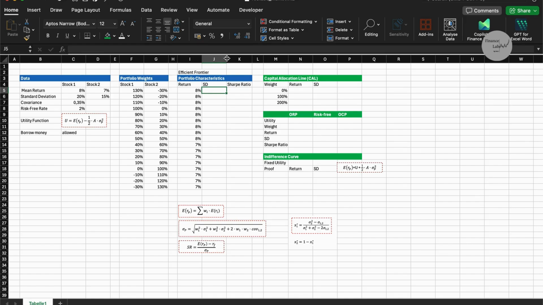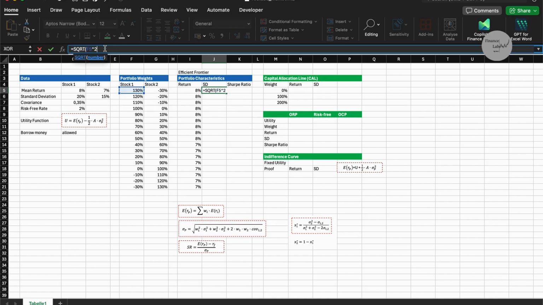So we start with the square root of the weight from stock 1 to the power of 2 times the standard deviation squared, so this will be the variance, and we have to lock this cell as well, plus the weight of stock 2 squared times the standard deviation, also locked, squared, plus 2 times the weight of stock 1 times the weight of stock 2 times the covariance.